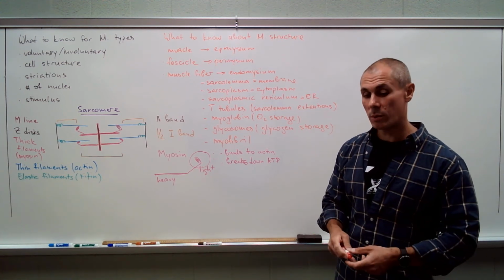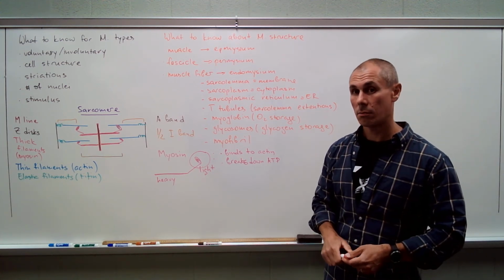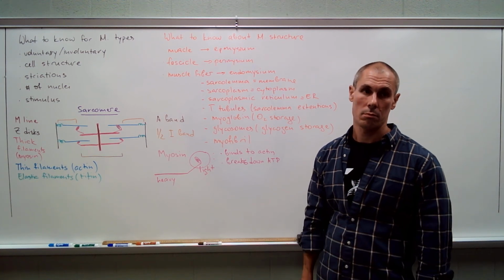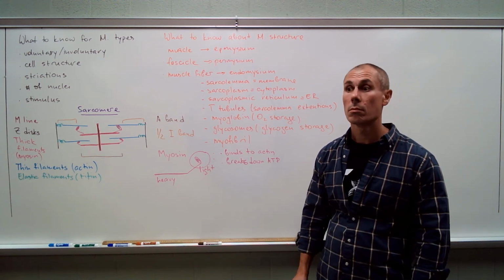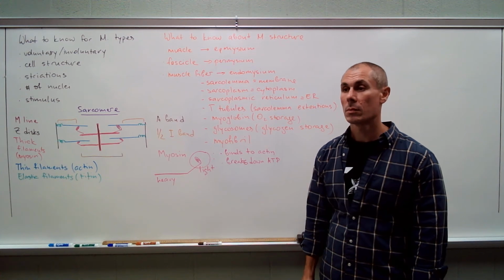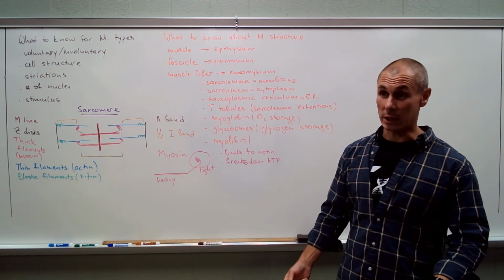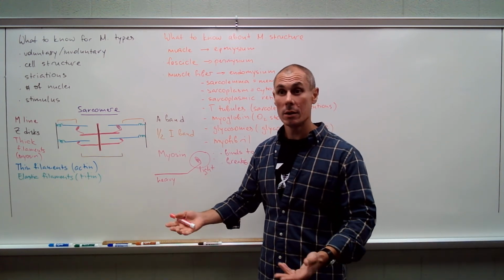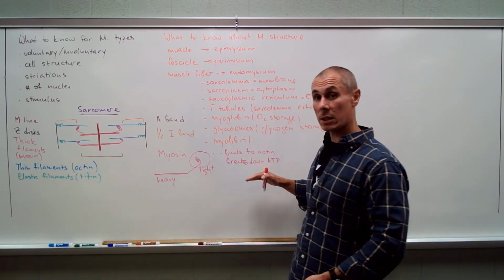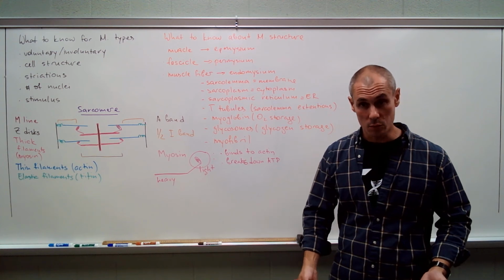What is released when you break down ATP? Say it out loud. Energy, yes. And we need energy to move, right? So, since it can break down ATP, you're going to move.